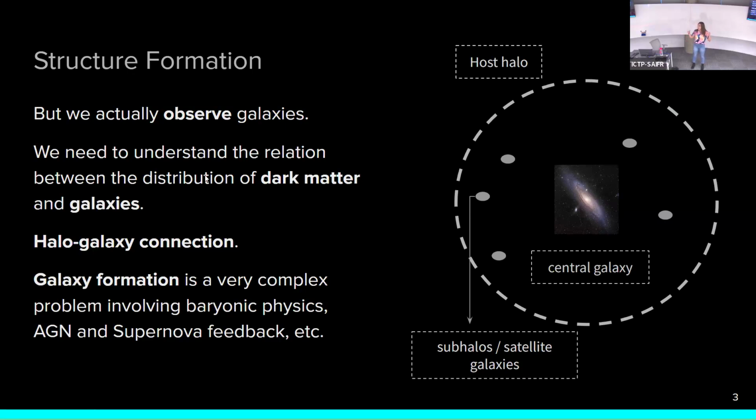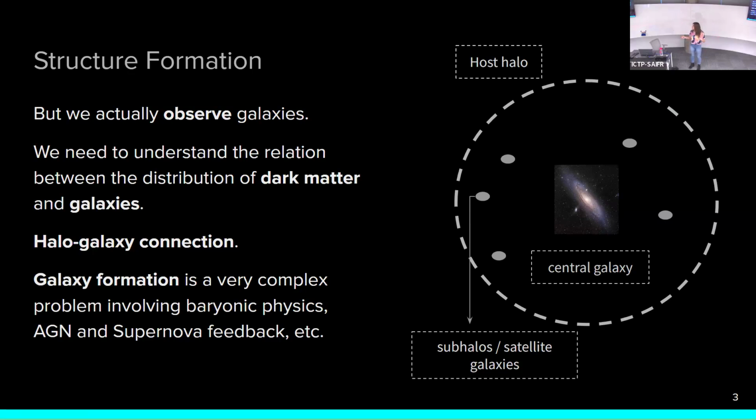What I'm going to talk about today is the relationship between the dark matter density field and the distribution of the halos. This is what we call the halo bias, because this relationship between the statistical distribution of dark matter and the distribution of the halos is what we call the halo bias. This is a very broad explanation to see why this piece of work is important to eventually connect with observations.